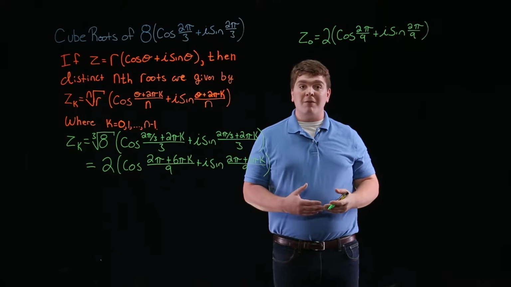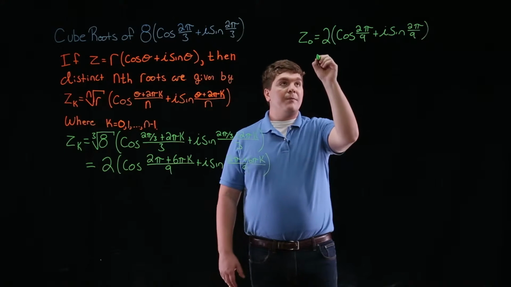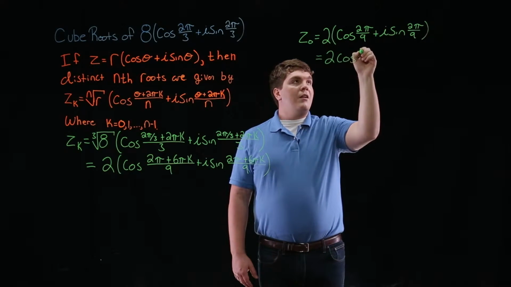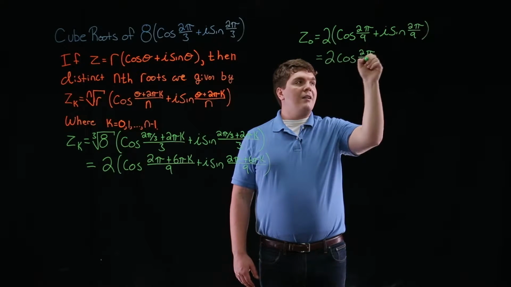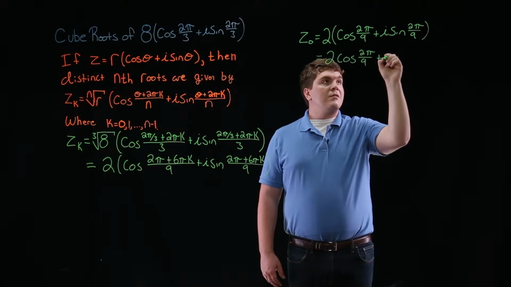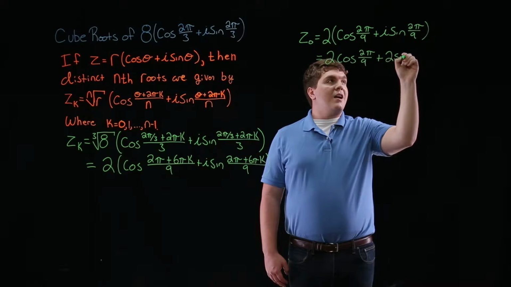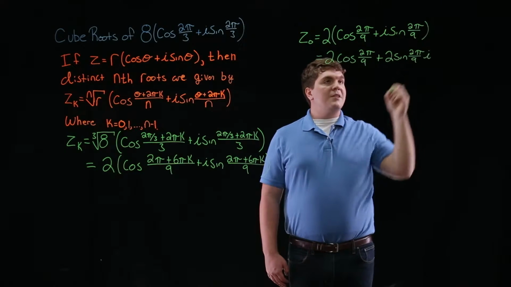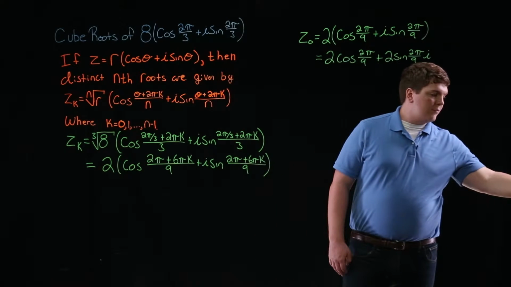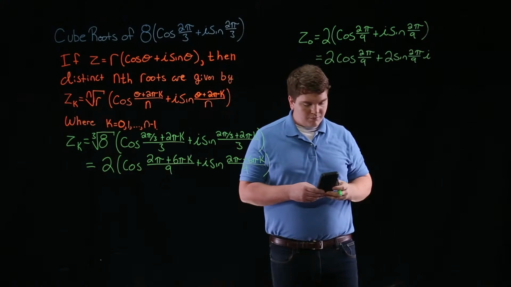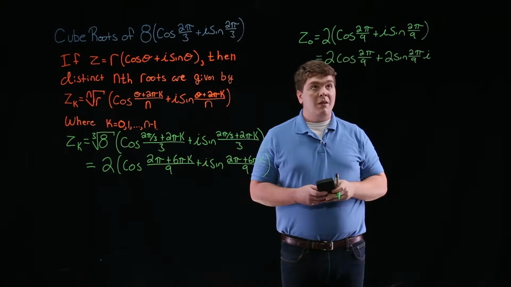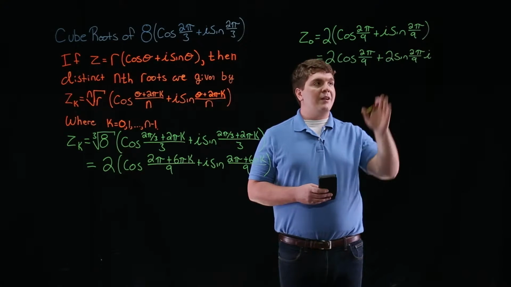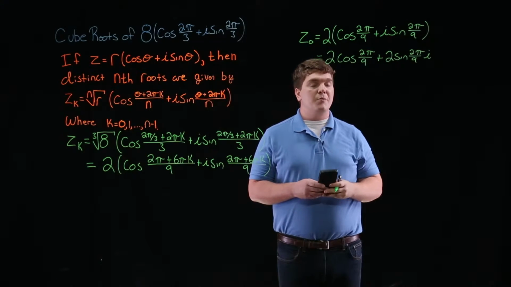Now to write this in standard form, we can use the distributive property and write this as 2 times cosine of 2 pi divided by 9 plus 2 times sine of 2 pi divided by 9 times i. Now using a calculator, we'll evaluate 2 times cosine of 2 pi divided by 9 and 2 times sine of 2 pi divided by 9.